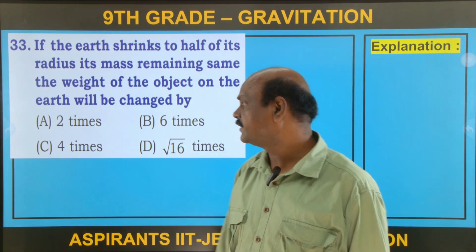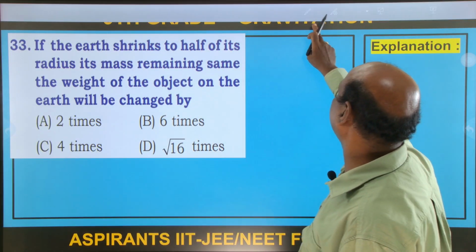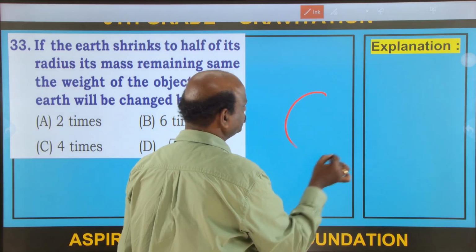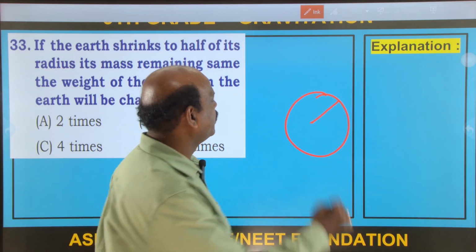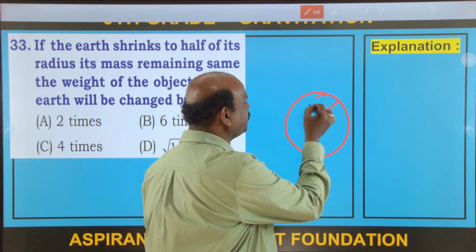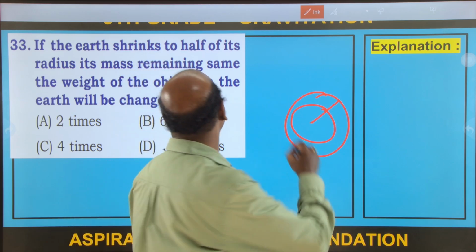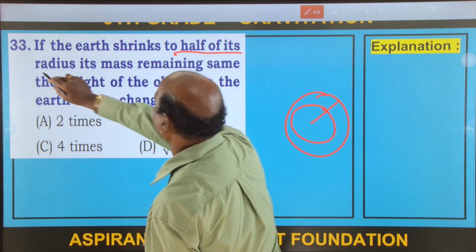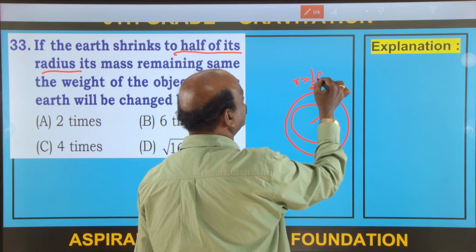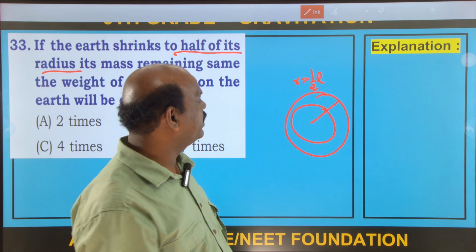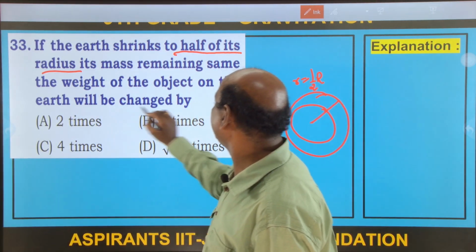So he is asking us, if the earth shrinks to half of its radius, if you consider this is the earth and this is the radius of the earth, and the earth is becoming smaller such that r becomes half of its r, then what will be the change?